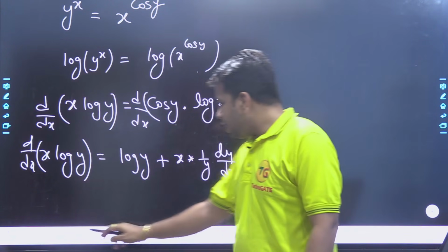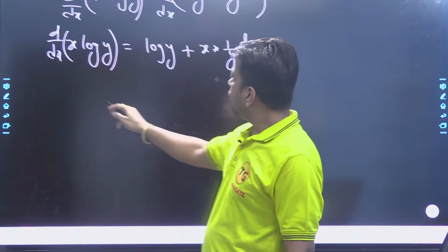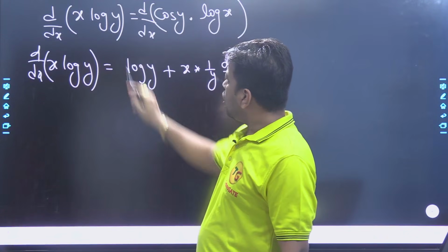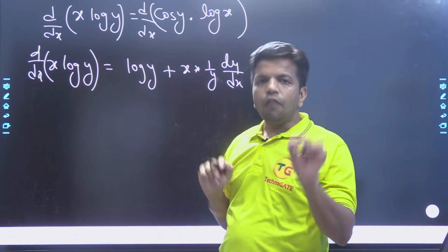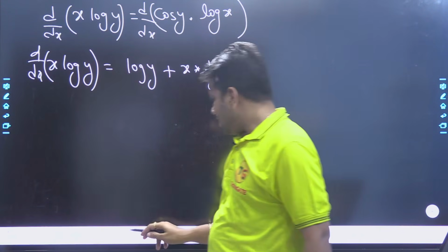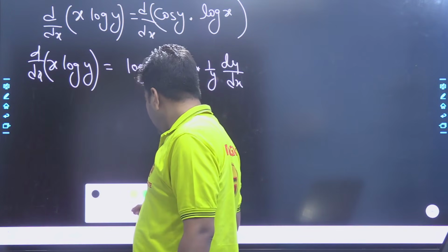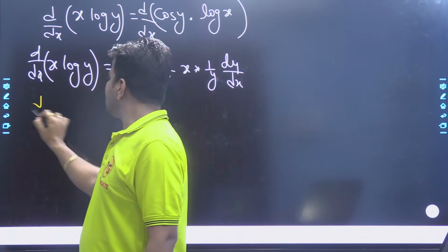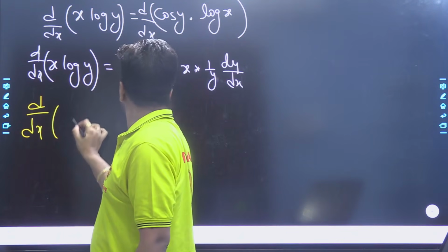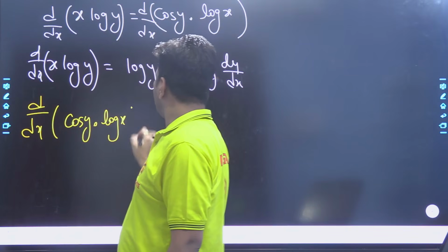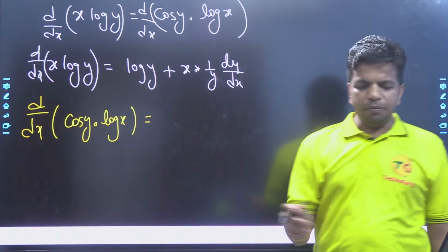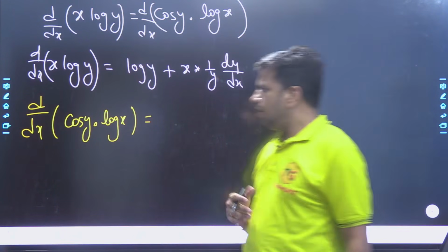Similarly, now you need to compute the value for the right hand side, because left hand side is equal to right hand side. This is the differentiation of the left hand side. Now we need to find the differentiation of the right hand side, means d by dx of cos y dot log x. Again we can use the product rule.